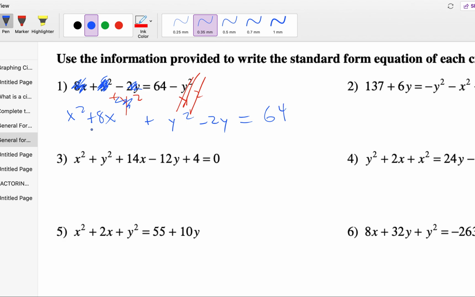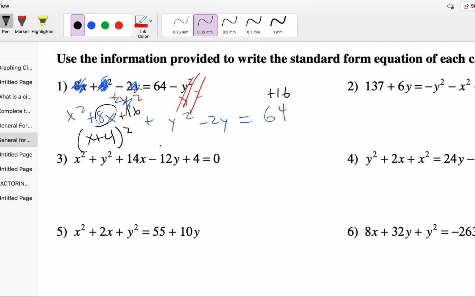So to complete this, I am going to follow the steps we just talked about. The first step is going to be to take half of this number here and square it in a perfect square. By doing this, we're adding 4 squared to this side, and we're going to add to this side as well, 16.